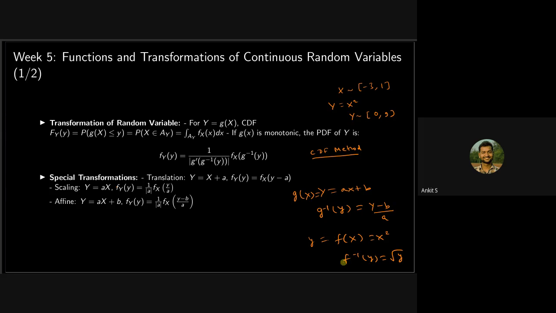You can go back to that textbook or search about it on the internet, and you will find it. So it is not talking about the reciprocal 1 by ax plus b, but instead it is talking about function inversion. I hope that clarifies your doubt. Okay, sir. So when you put all of these things here for these simple cases of scaling and affine transformation, you will get this formula. This is just an application of this formula, but one more important thing here was this CDF method.